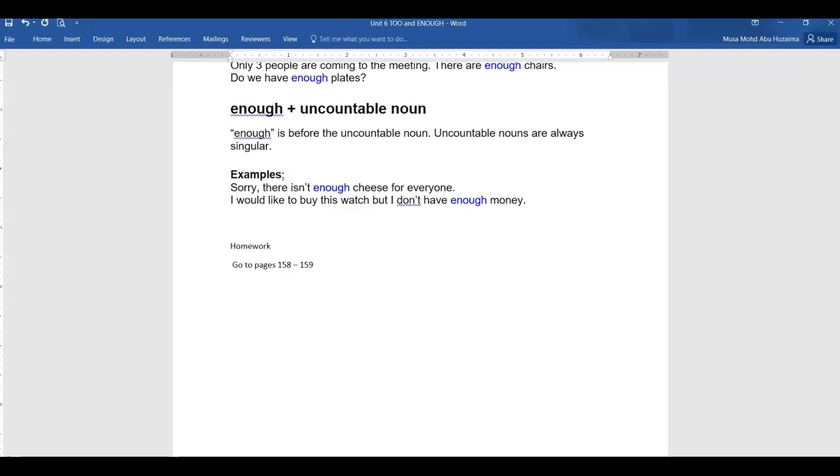You need to do activity 1, write your answers, and then activity 2 and activity 3, okay, and activity 4. Okay, so put the answers in your book, then copy them and send them to me.